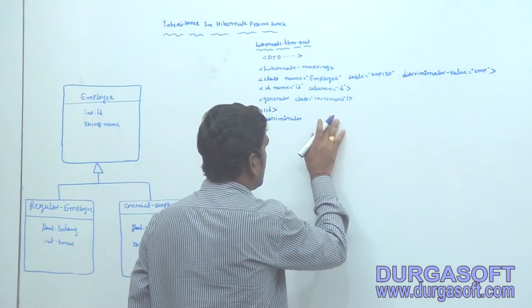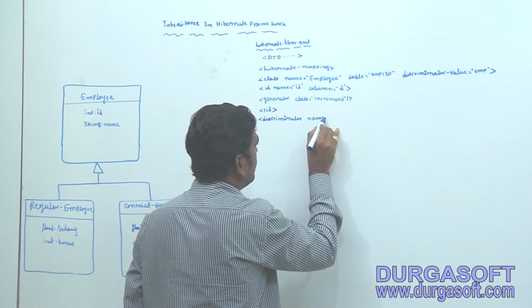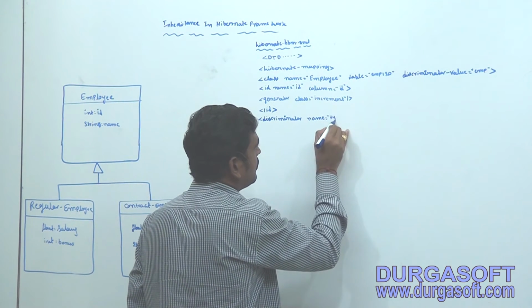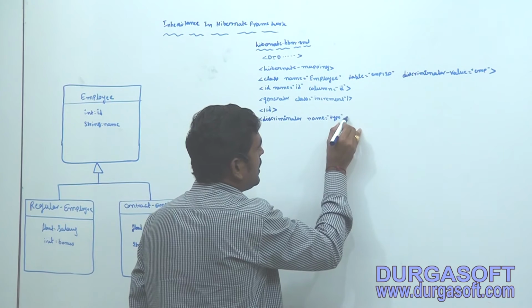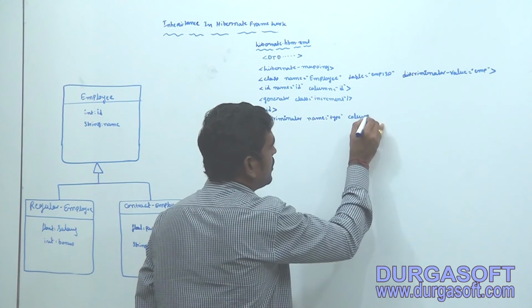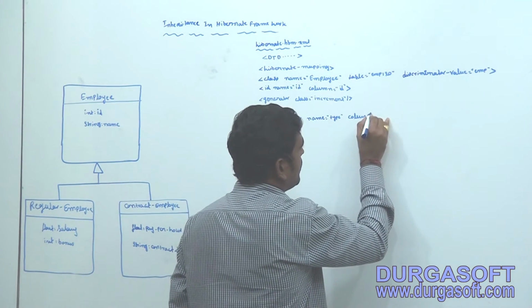Discriminator name is equal to some type. Column is equal to type.